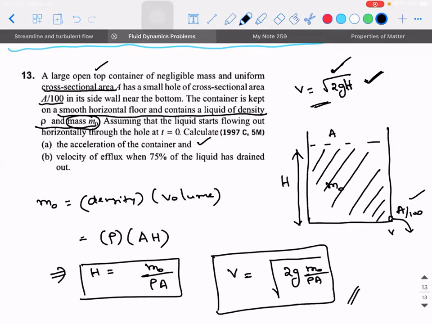See, when can something accelerate? When can an object accelerate? You need to ask this question.